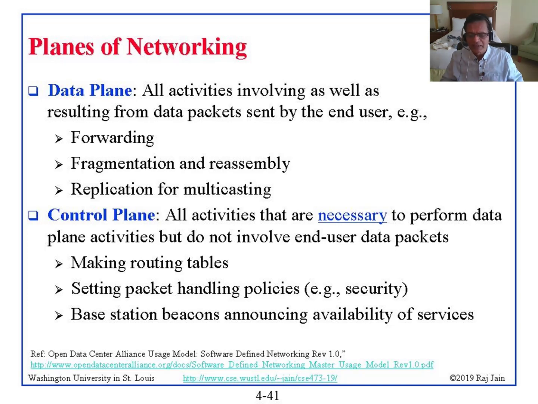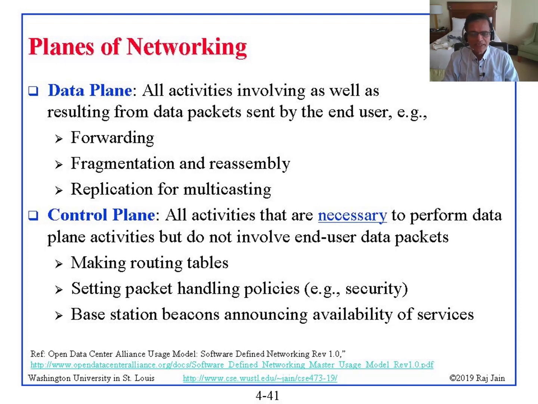One control plane activity would be making a routing table. Making a routing table is control plane, because it does not require any user bits. We find the routes to all the places and hope that users will go there. However, making the packet from the application layer to TCP and so on and forwarding it, that is all data plane.